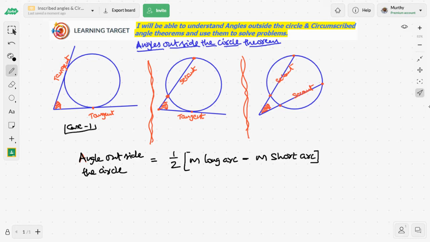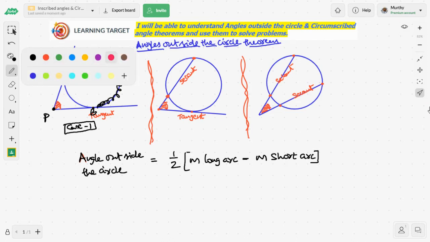do you see that two arcs, like here is point A and here is point B, and let's say the angle is point P. This is the long arc, right? And let me take a different color.